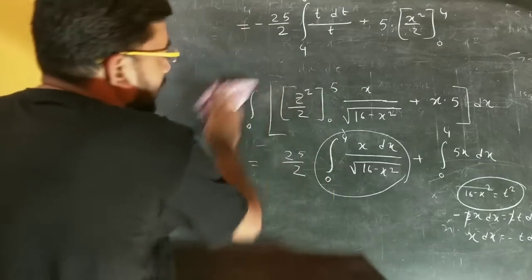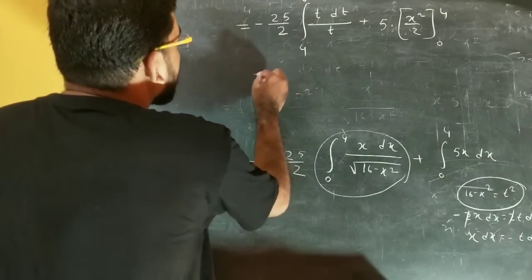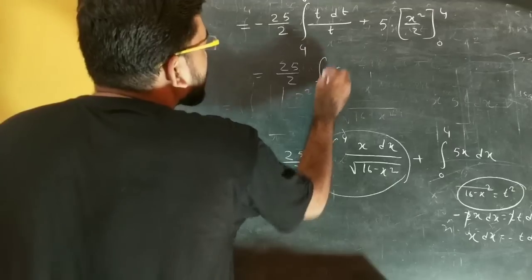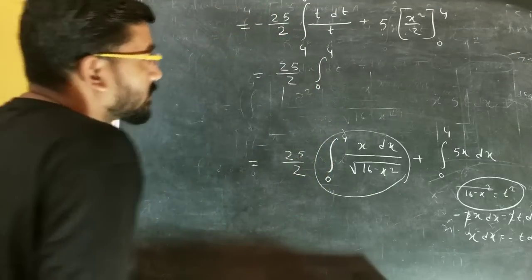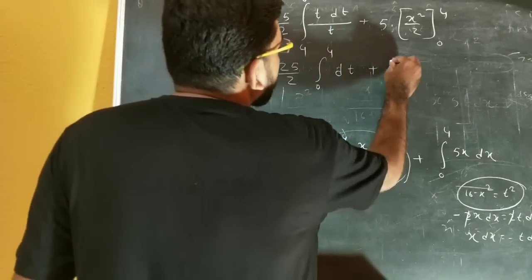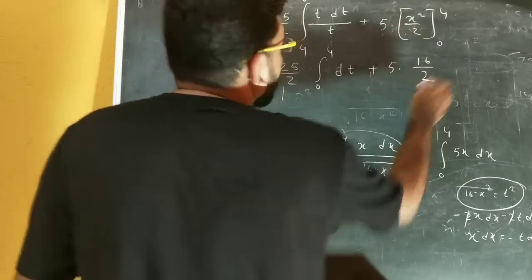So this negative sign will be nullified, and it will be 25 by 2 into the integration from 0 to 4. We can change the limit, so it will be dt plus 5 into 4 square by 2, that means 16 by 2.